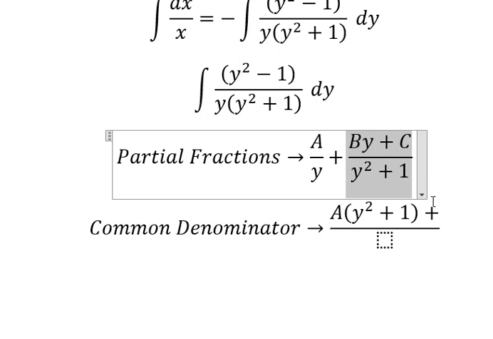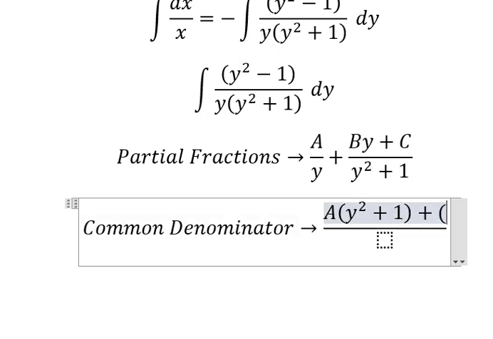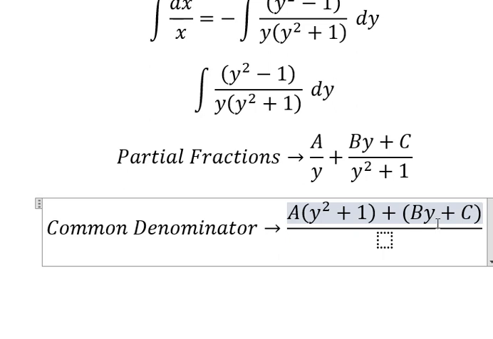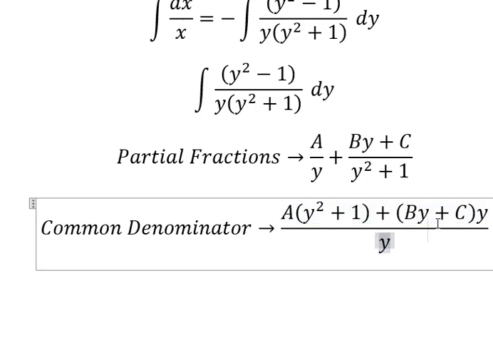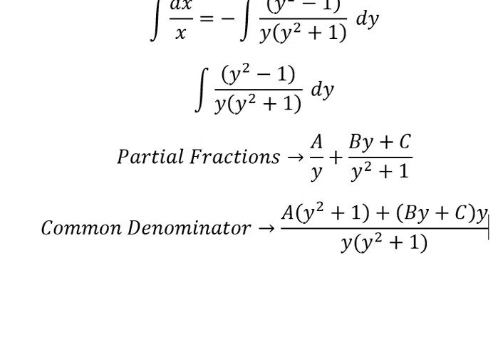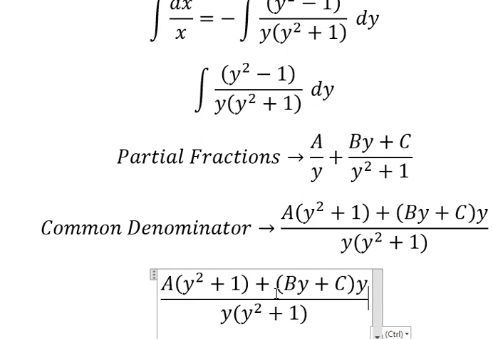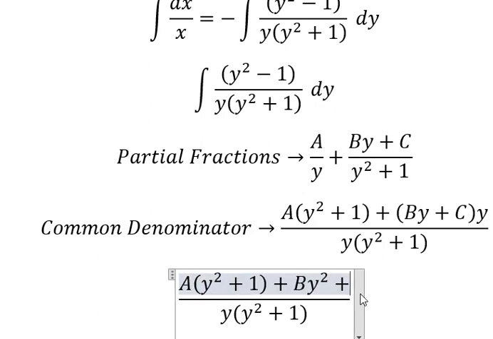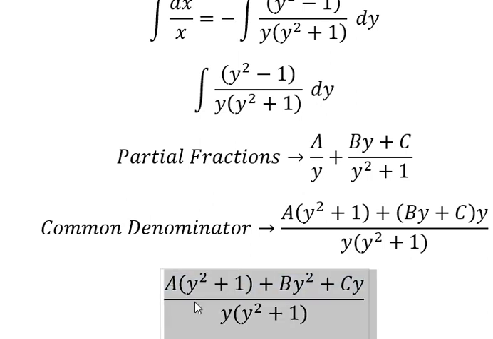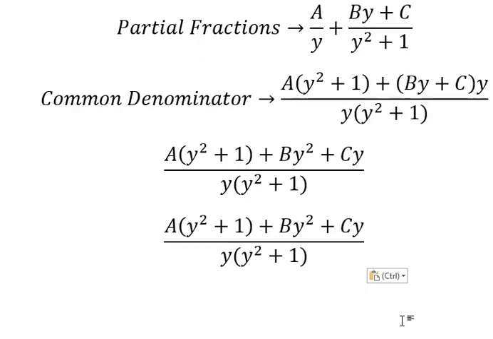This one is missing y, so we have By plus C multiplied by y. Now we need to expand this one, and then arrange based on the terms of y.